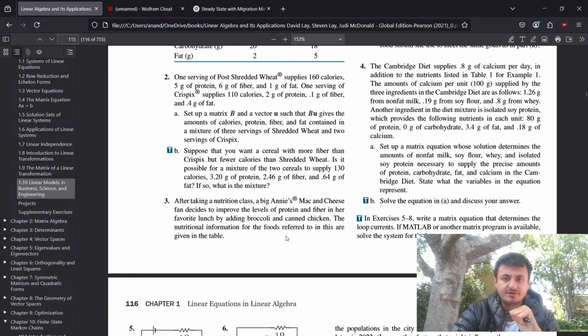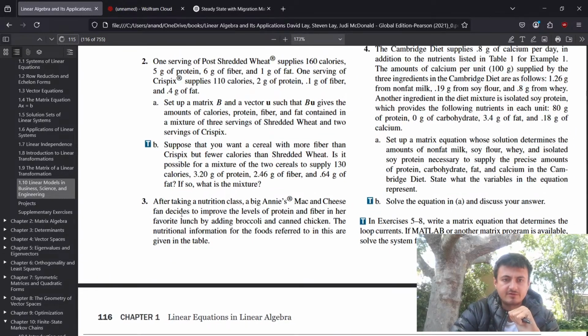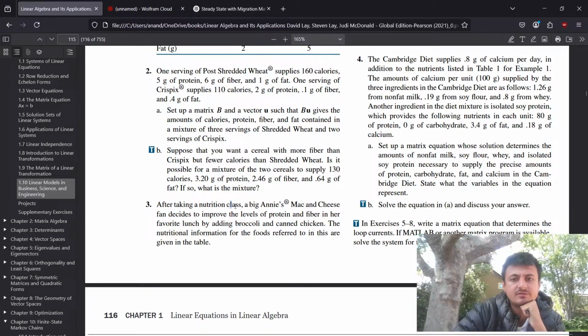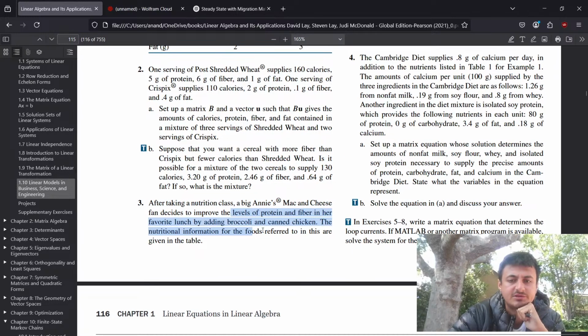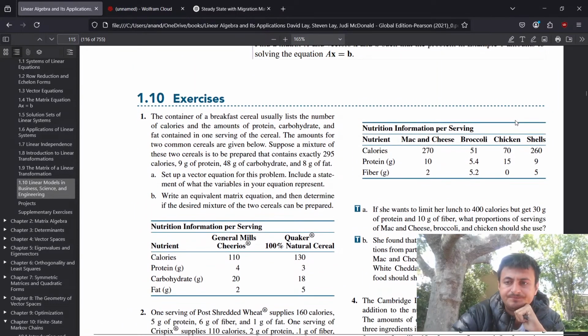Let's just read through the next one. After taking a nutrition class, a big Annie's mac and cheese fan decides to improve the levels of protein and fiber in her favorite lunch by adding broccoli and canned chicken. The nutritional information is given by a table.